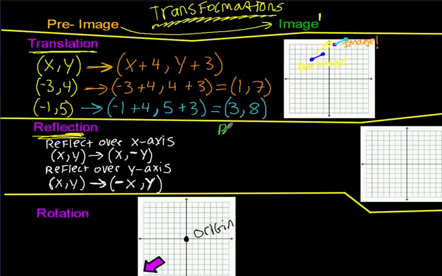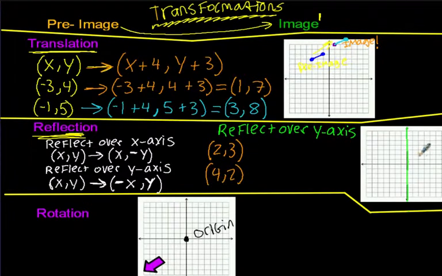Okay, so let's take our points. Let's reflect over the y-axis. We got the y-axis right there. Let's take (2, 3) and reflect it, and let's take (4, 2) and reflect it. Let's graph the points, and we have our little line segment that we're going to be reflecting. So (2, 3) is going to turn into what?